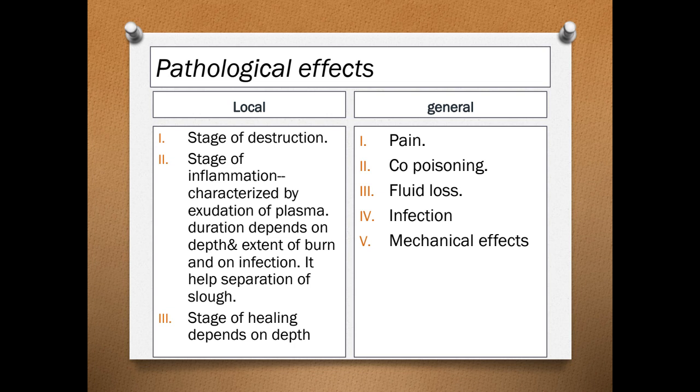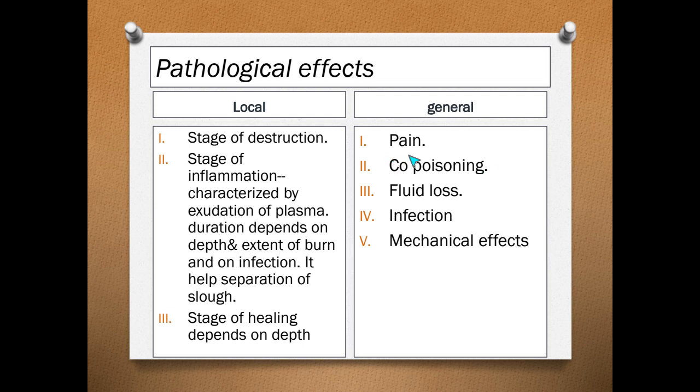Then you have the last stage of burn, the stage of healing, and that depends on the depth of the burn. Generally, there are some systemic effects like pain. Sometimes the pain is so severe, leading to what is called neurogenic shock due to severe, overwhelming pain.